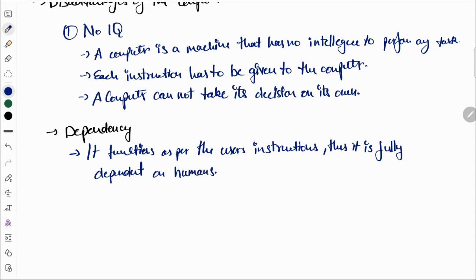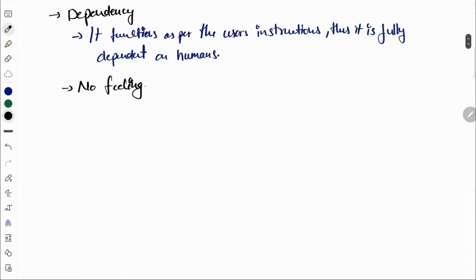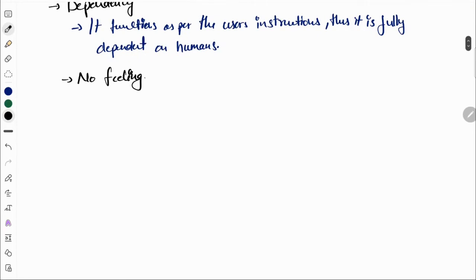No feelings. Next is no feelings. It can be a disadvantage and an advantage, because if we give n number of tasks, they can do them without getting bored. It's also an advantage, but computers have no feelings or emotions.